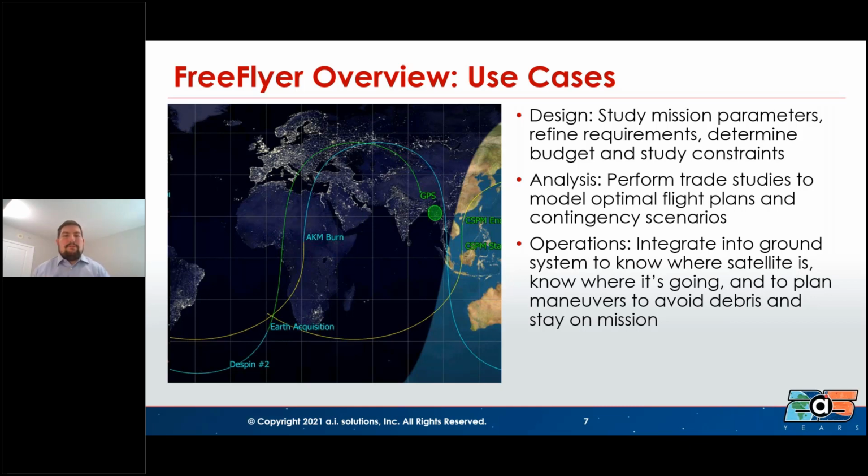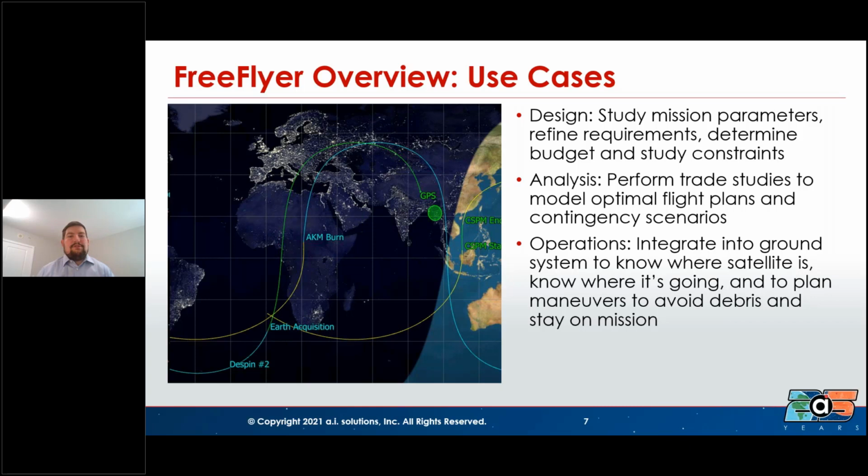You can perform lots of analysis, changing lots of little variables over multiple runs. That's very easy to do in the software. And then contingency scenarios. What's a contingency scenario for a satellite? Getting hit by something, coming down faster than you expected. If the drag profile is maybe different than you expected, how do you work around that? End of life scenarios, things like that.